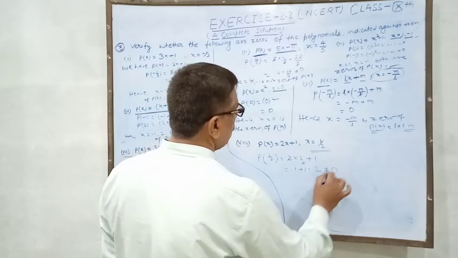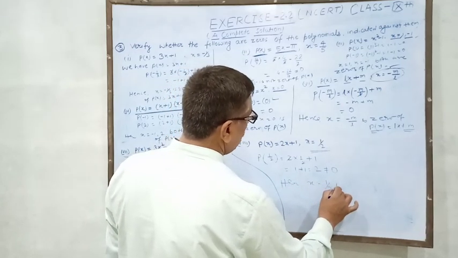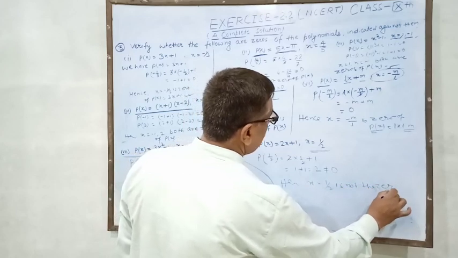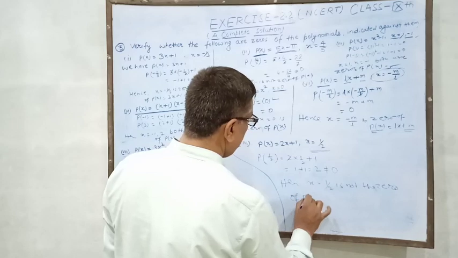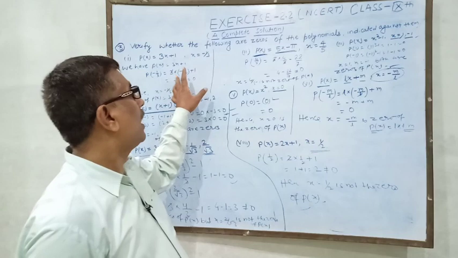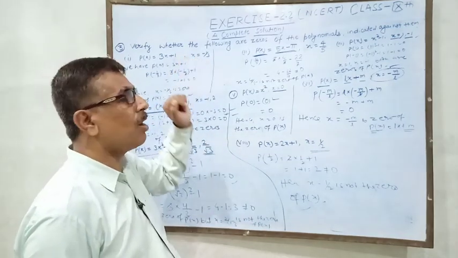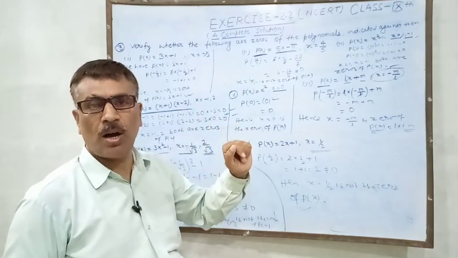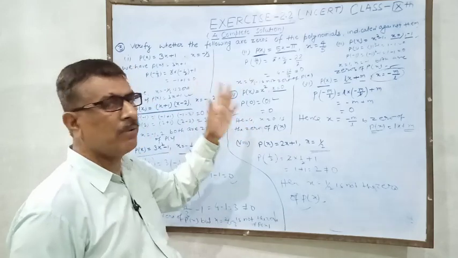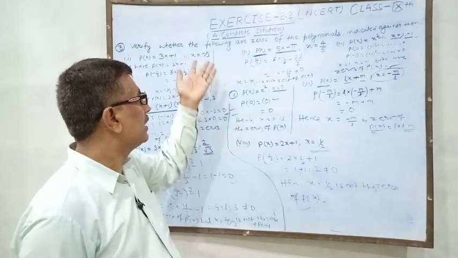This is not equal to 0, hence x equal to 1/2 is not the 0 of p of x. So students, I think you can now verify whether the given values of x are 0 or not. This has been described one by one, step by step, and I tried to clear this question solution.